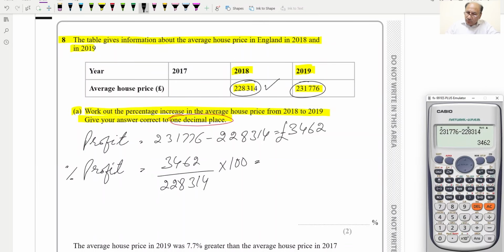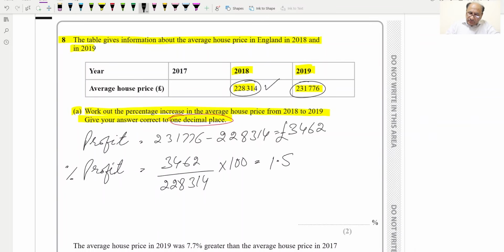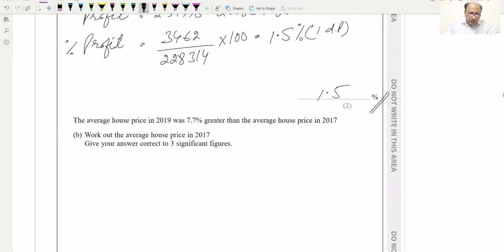The answer is 3462 over 228314 multiplied by 100, which is equal to 1.5%. So 1.5% to 1 decimal place, and we have to write the percentage symbol. This is a 2-mark question which we have done.